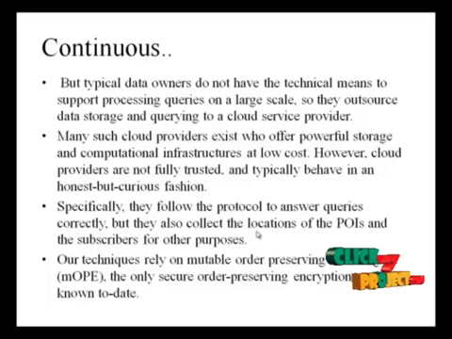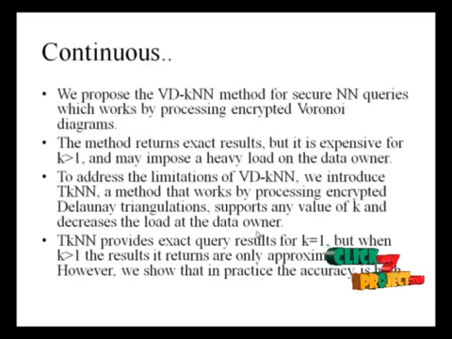Our techniques rely on mutable order preserving encoding, the only secure order preserving encryption method known to date. We propose the Voronoi diagram kNN method for secure NN queries, which works by processing encrypted Voronoi diagrams. The method returns exact results but is expensive for k greater than 1 and may impose a very heavy load on the data owner.